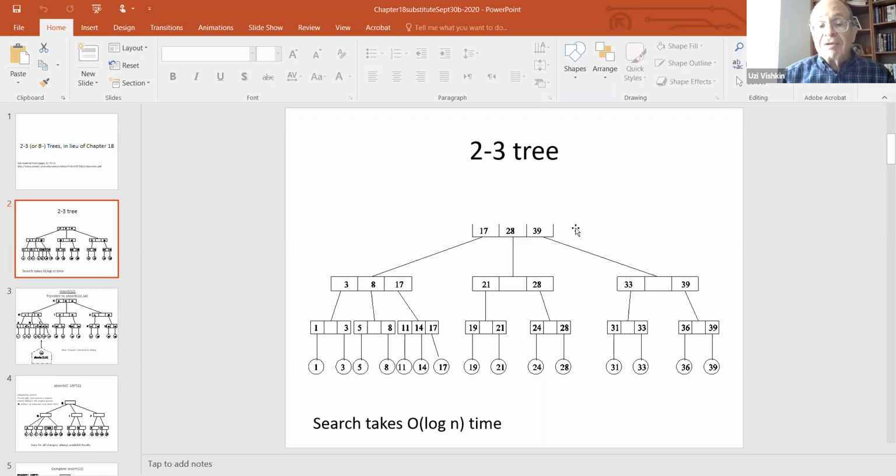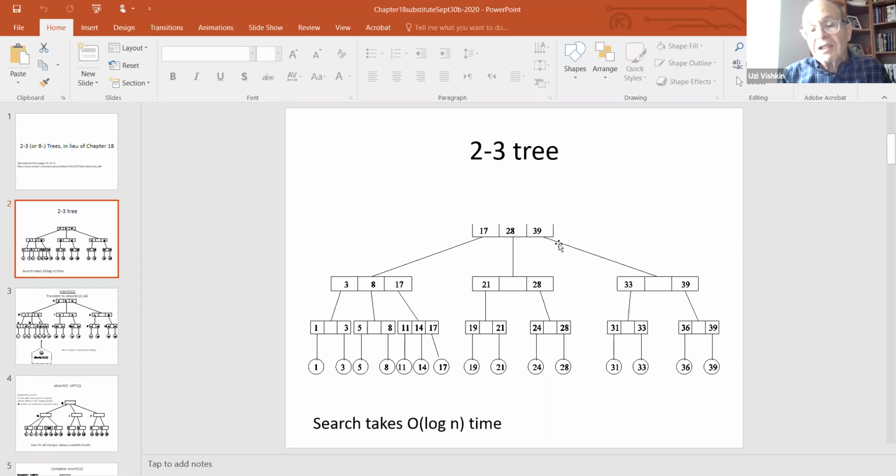Now, if you give me a value such as 40, which will allow me to reject the query, to tell you no, it's not there, at the root, this would not have saved me much, because if I'm willing to pay for search in logarithmic time, I could actually go all the way to the leaf and find that 40 is not there.